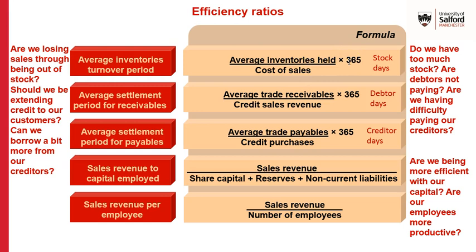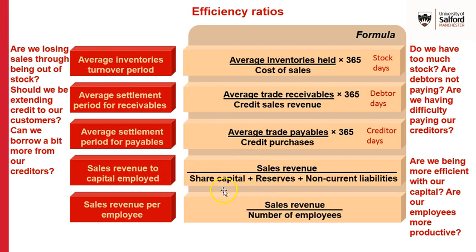So it's the number of days which we hold stock. And same with trade receivables, our average level of debtors. How long does this average last? Average trade payables, creditors. How long are we taking to pay our creditors?